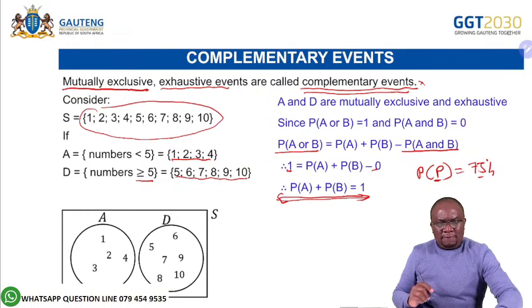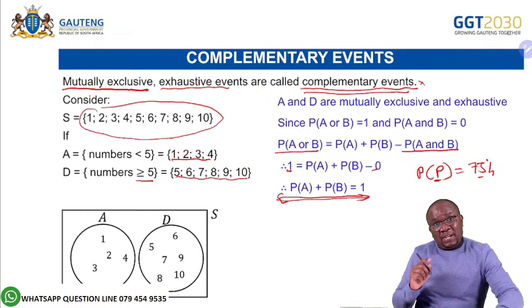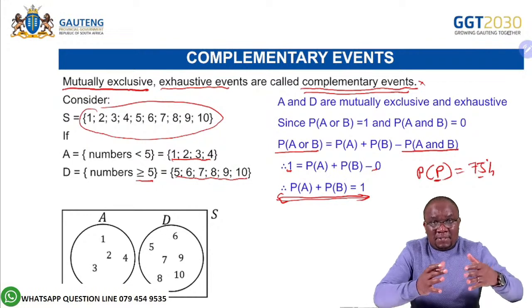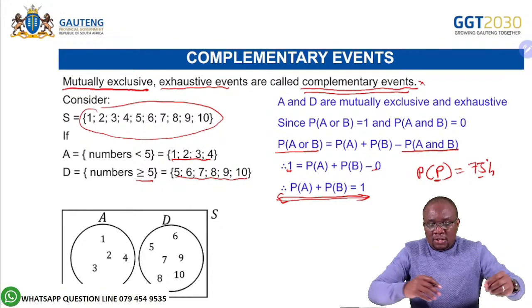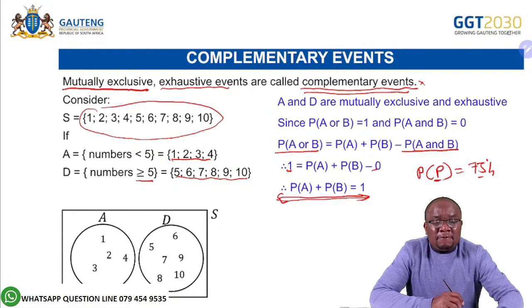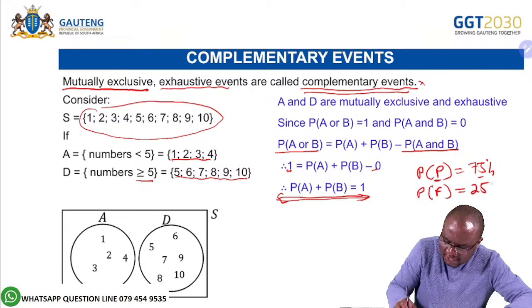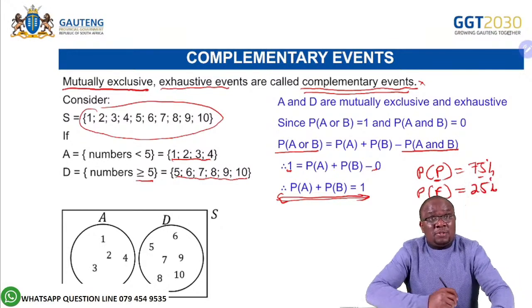If the probability of passing is 75%, what is the probability of failing? Remember, probabilities must add up to 100%. So failing is going to be 25%, because they must add up to 100%.